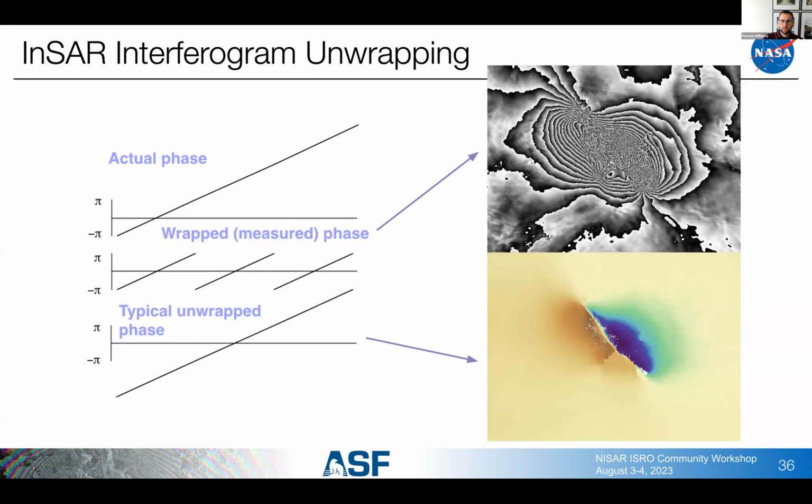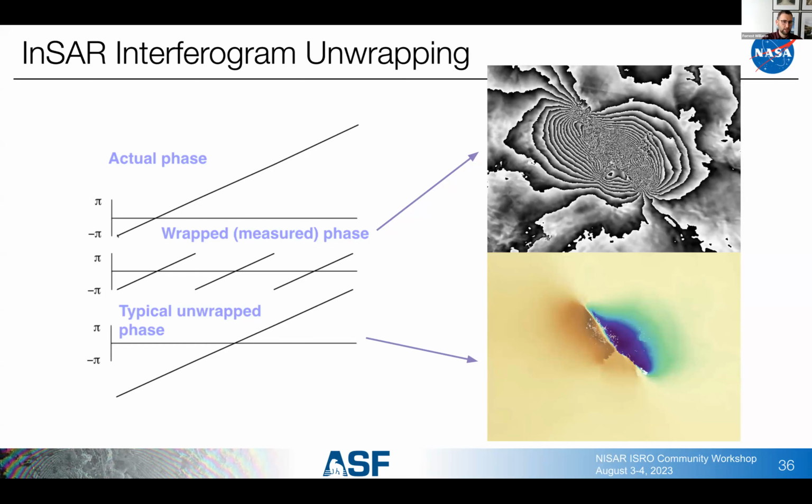So if we were to think ideally about, okay, what does the deformation field in this area look like? We would expect something more like this, a line that as you move in towards the site of deformation, steadily increases as deformation starts to increase towards the center. Unfortunately, InSAR typically only gives us a measurement of the wrapped phase, or basically the phase that has been chunked into these negative pi to pi bins.